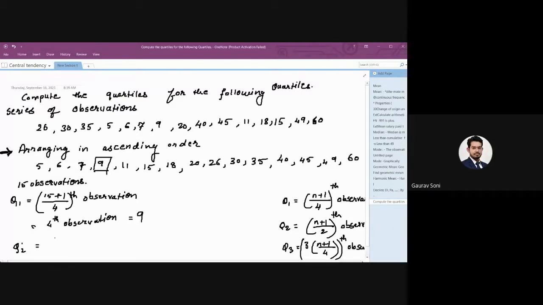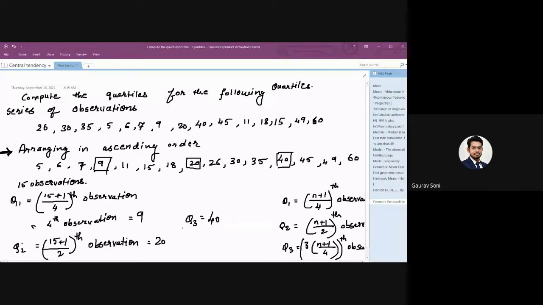Next one, (n plus 1) by 2. So 15 plus 1 by 2, the eighth observation. So eighth one: 5, 6, 7, and 8. So the second quartile is 20. What will be Q3? That will be the 12th, I guess.